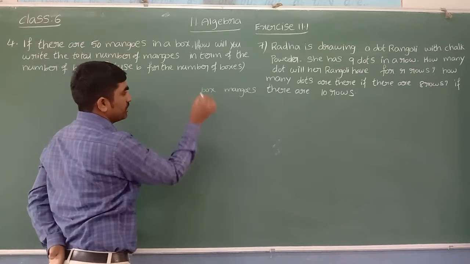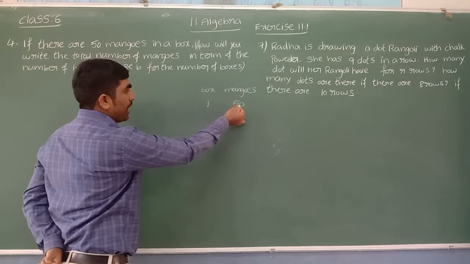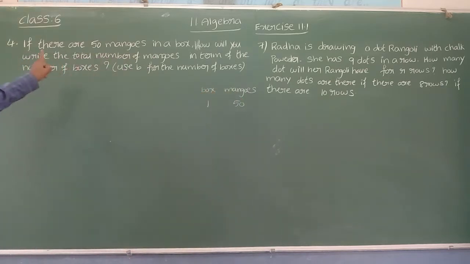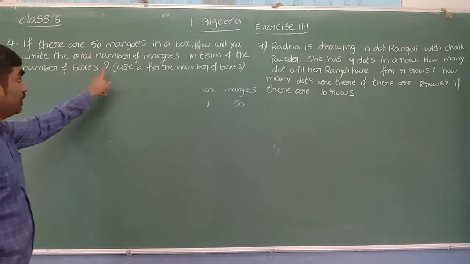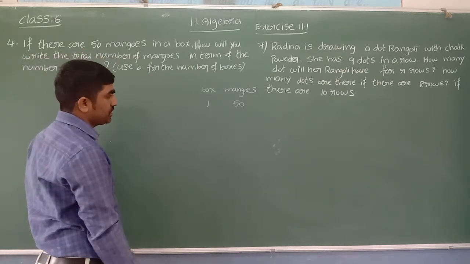One box can hold how many mangoes? 50 mangoes. How will you write the total number of mangoes in terms of the number of boxes? Use B for the number of boxes.